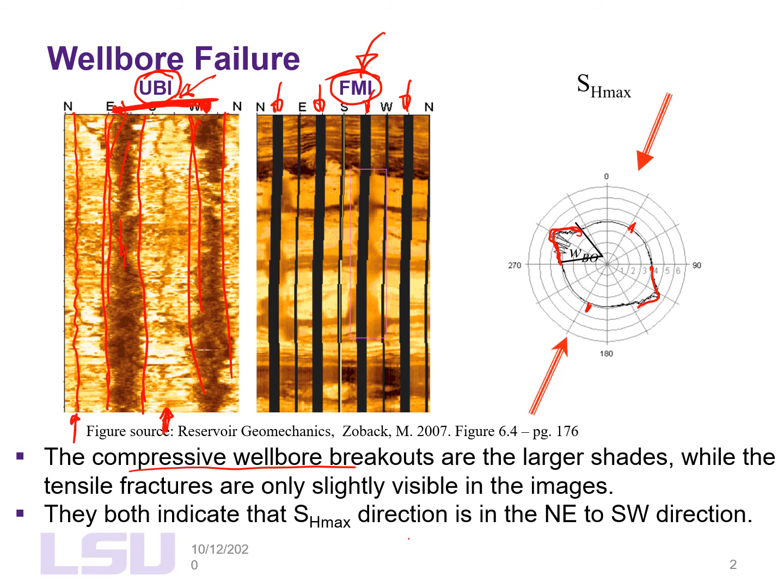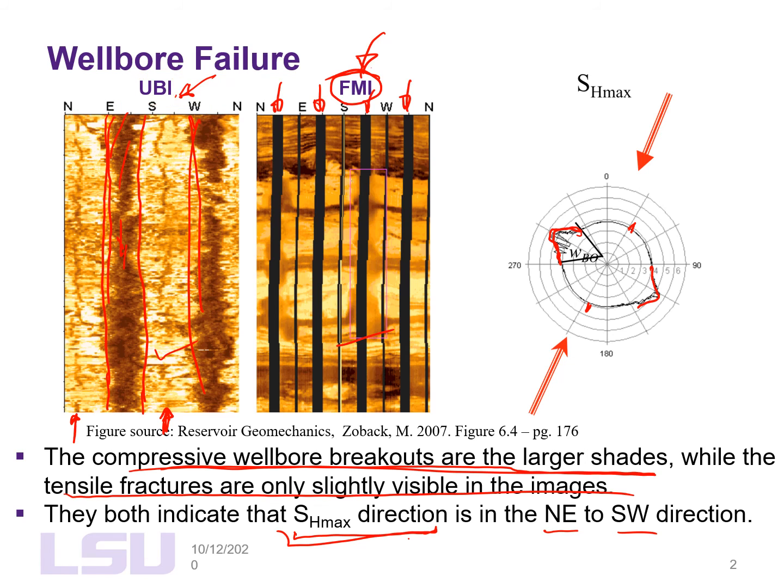So this is basically summarizing all I've just said. And these two logs indicate that the direction of SH max is northeast to southwest. How do you know that? Which of these is the direction of SH max? You already know the stress is going to be concentrated.